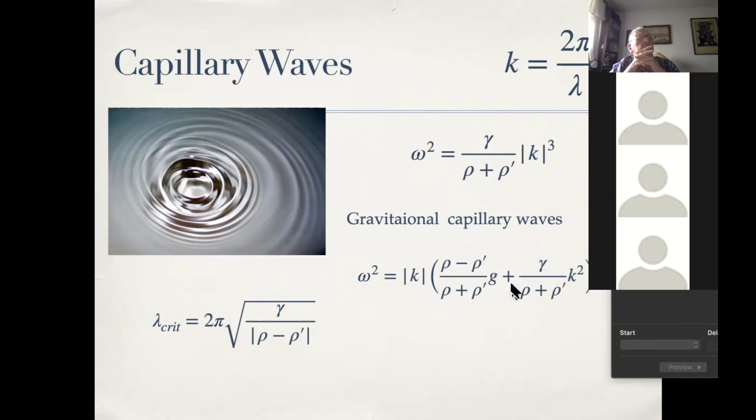Do not confuse it with the gravitational waves in space. They are experimentally easily observed waves on the surface of a sea, and they are only there at the very long wavelengths.